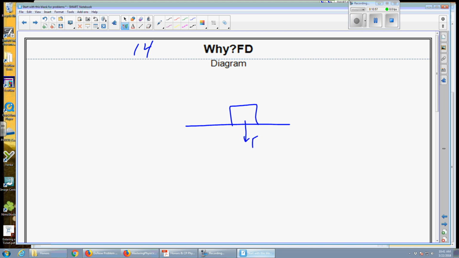Of course the sprinter is going to have some weight, which will produce a normal force, and then there'll be a force on them causing an acceleration. That would be the why for it. Good, ready to go on to the how, or are there questions?